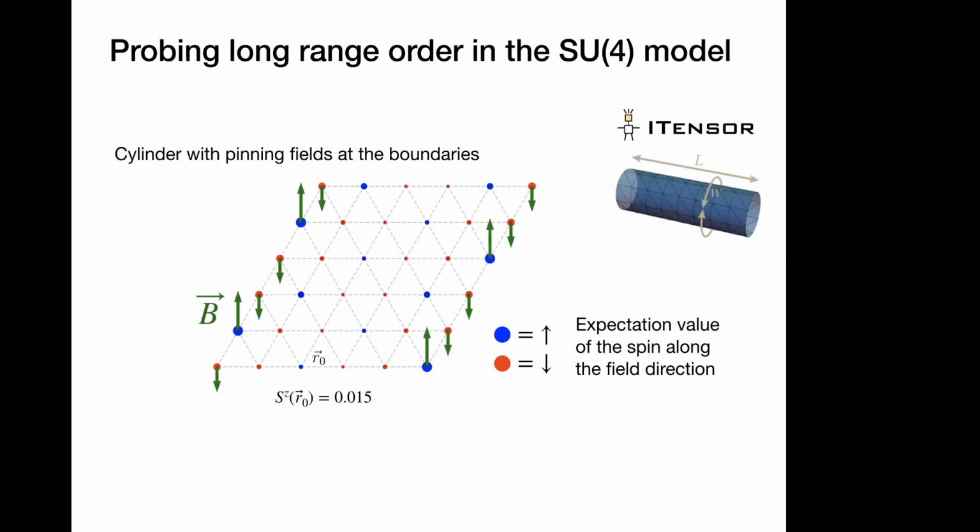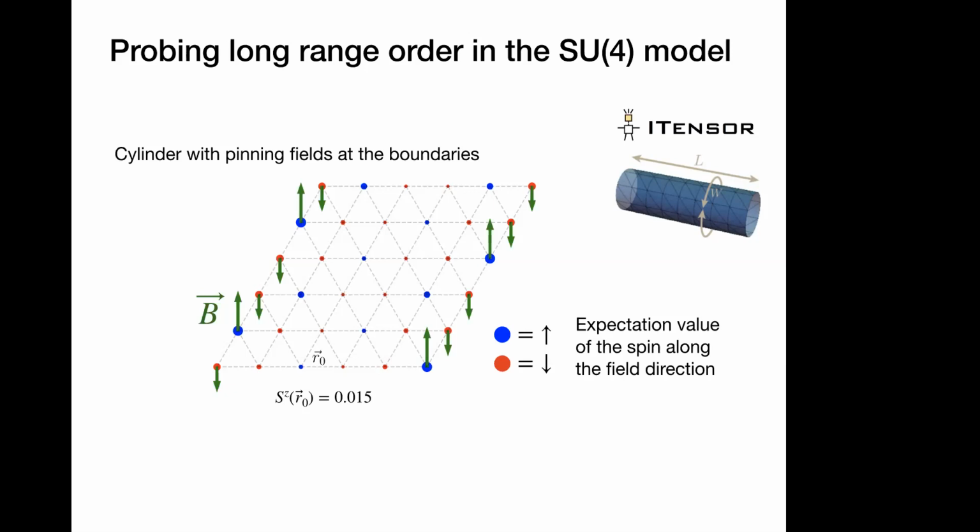This is probing the susceptibility of the system to a magnetic field, which we put in some direction in this SU(4) space, and then we probe the expectation values of the spin along that direction. The size of the circles here corresponds to the magnitude of the expectation value.